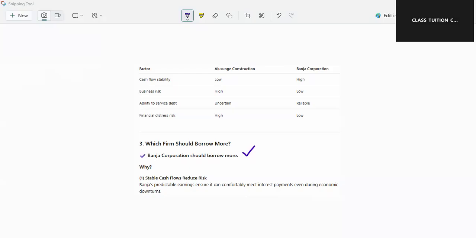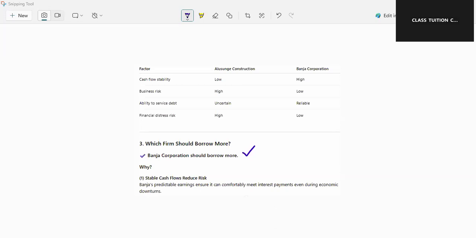Taxable income. Then also, in terms of stage of business, since Banja is in a mature industry, growth opportunities there are what? Are limited. So they can efficiently use what? Debt instead of relying on reinvestment. So sometimes people think borrowing is always a bad idea.